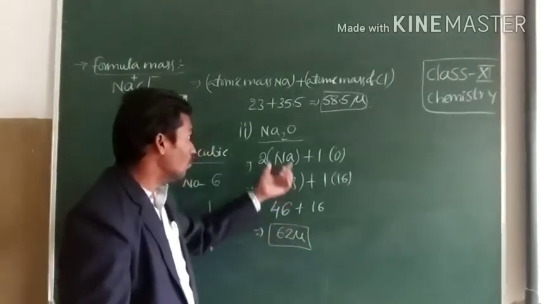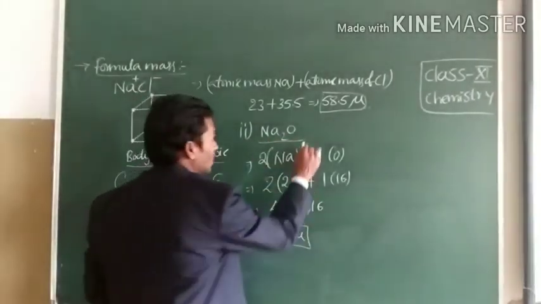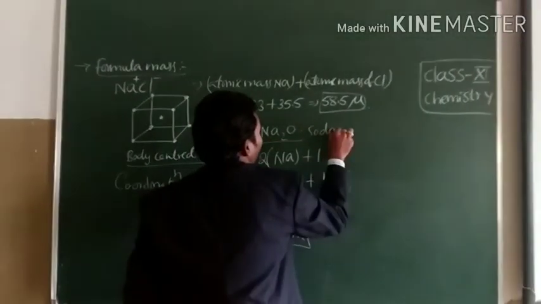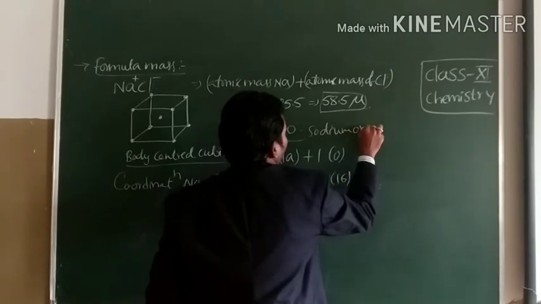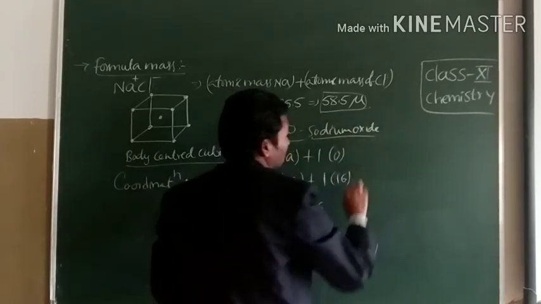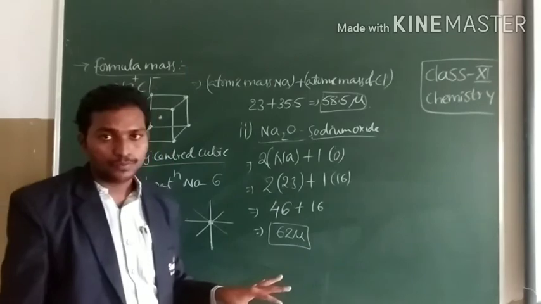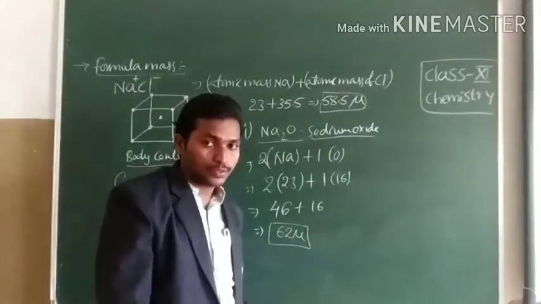This is the formula unit mass of sodium oxide. This is the way we have to find out formula unit mass.